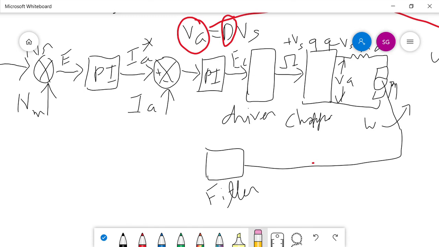To be omega, so we should remove here. This will be your omega. Okay, now this filter is giving a feedback to the reference signal.